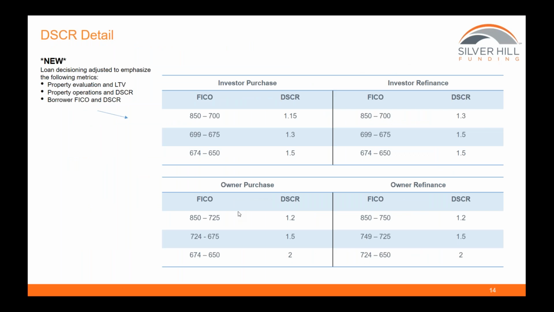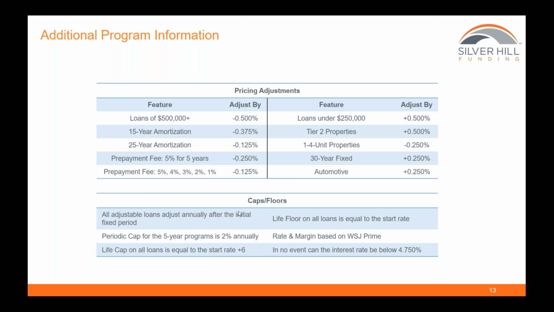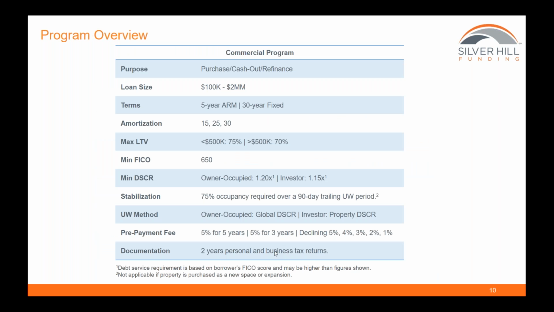Sure. What we're going to look for, especially this year, is year to date financials. If it's an owner-occupied deal, we want to see year to date financials for that business. What does the P&L look like?